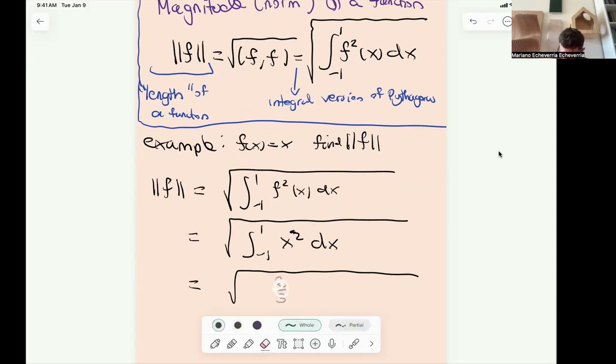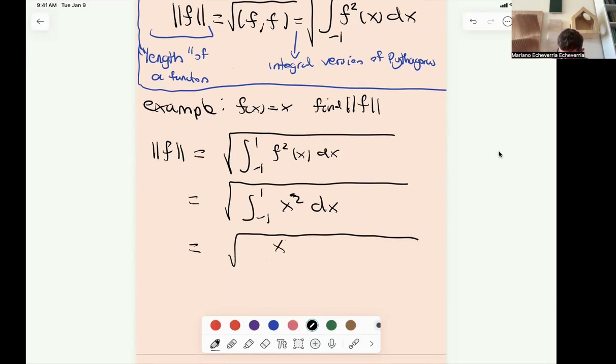Oh, well, let me write an extra step. So this is x cubed over 3 evaluated at -1, 1. So yes, that would give you 2/3, or rather the root of that.